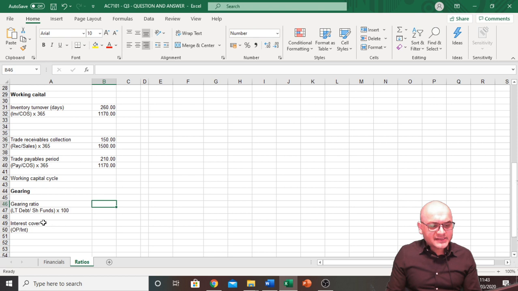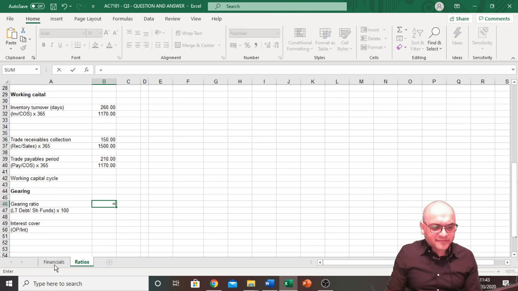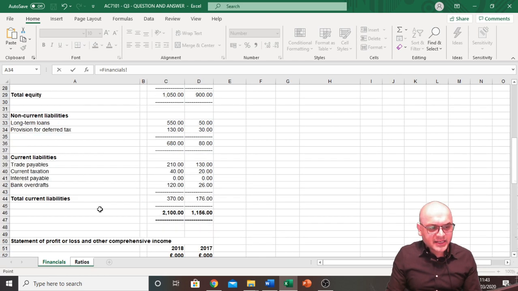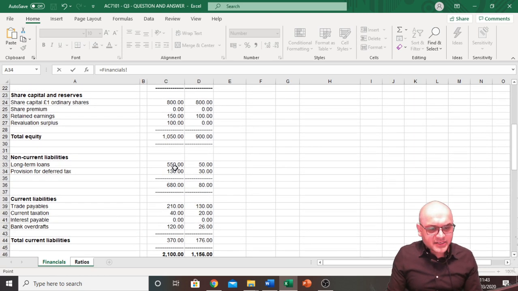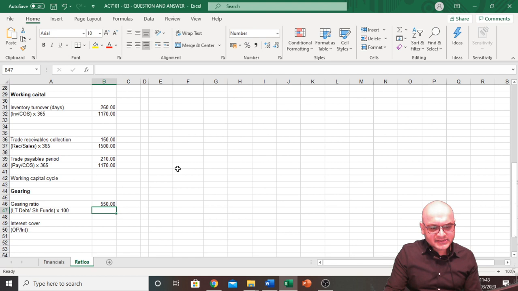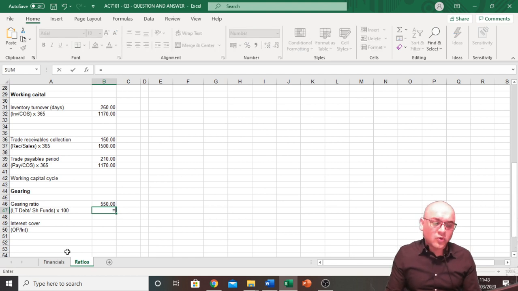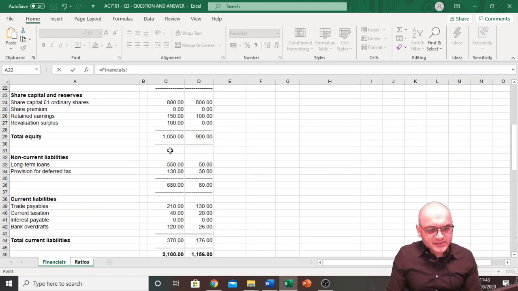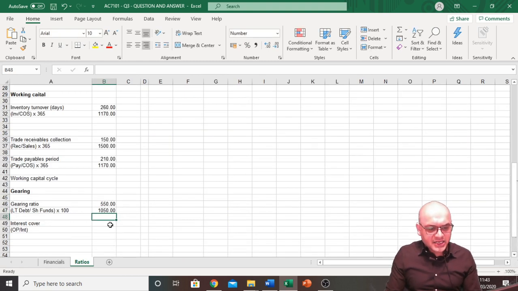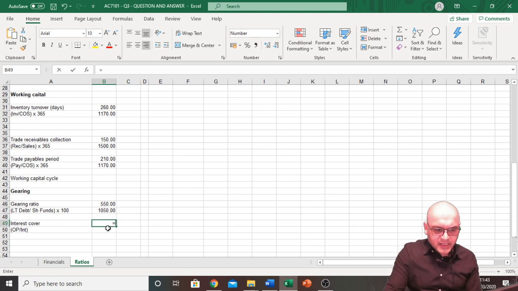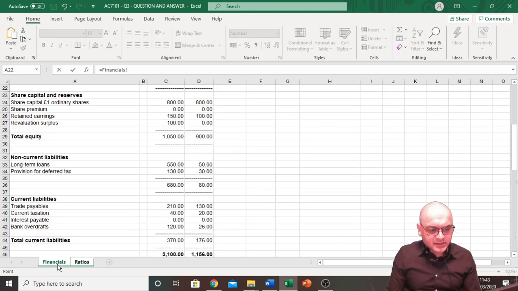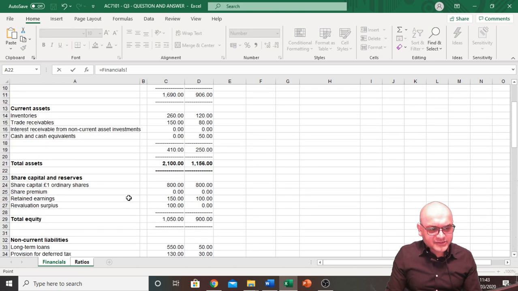Gearing is long-term debt divided by shareholders funds. So long-term debt, first of all, long-term debt is long-term debt, that, and that's divided by shareholders funds or total equity. So total equity under the equity section, the total. And interest cover is operating profit, first of all.